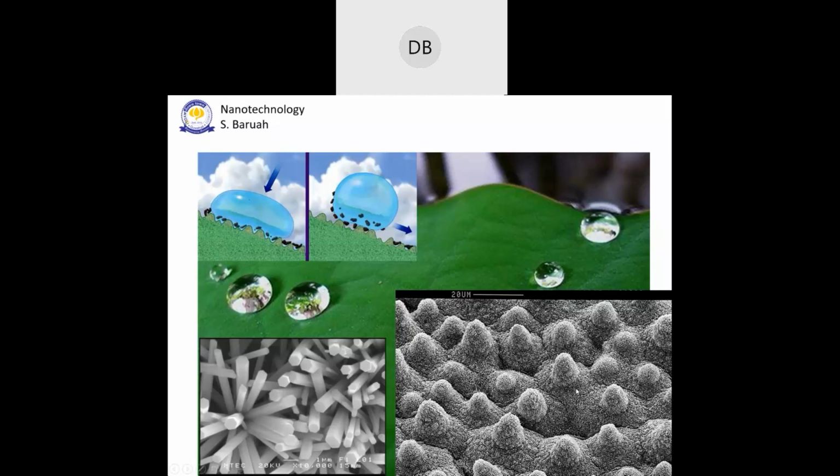It retains all the surface energy to keep it as a water droplet like this. And that's precisely why these surfaces don't allow the water droplet to spread out, and when you tilt them, the water droplet will roll off and carry all the dust particles with it.